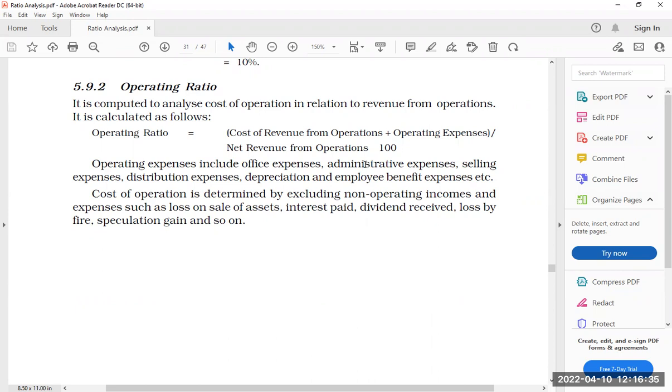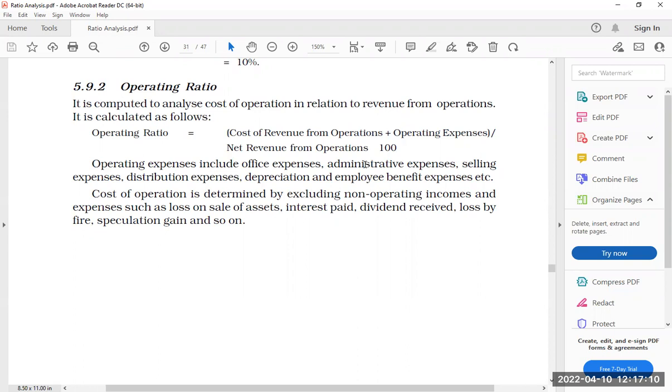Or simply you can say the purchase plus operating expenses divided by net sales into 100. It tells the percentage of total cost incurred on sales.